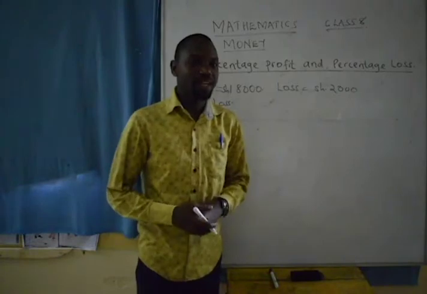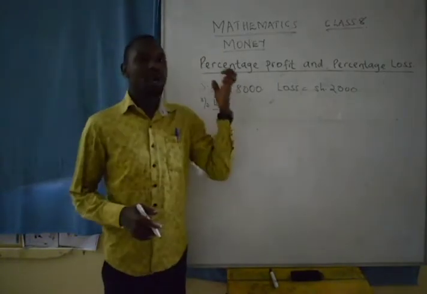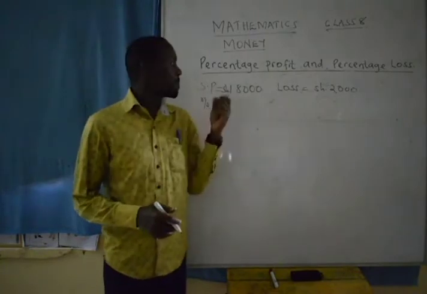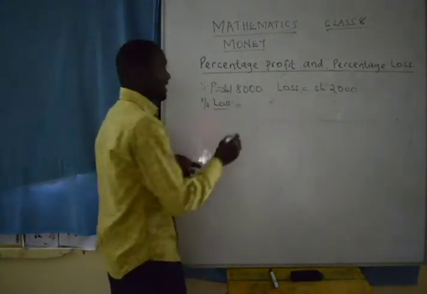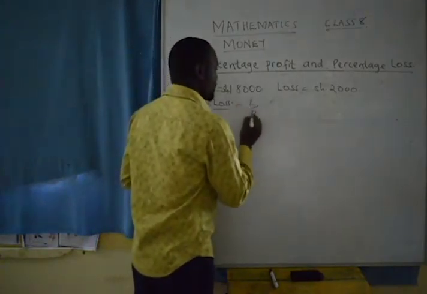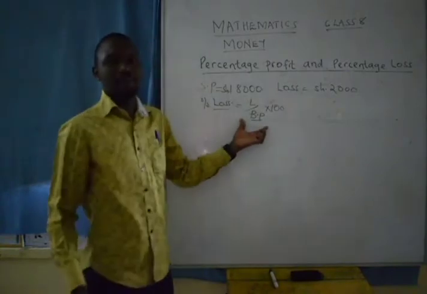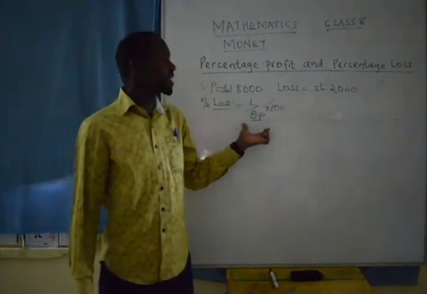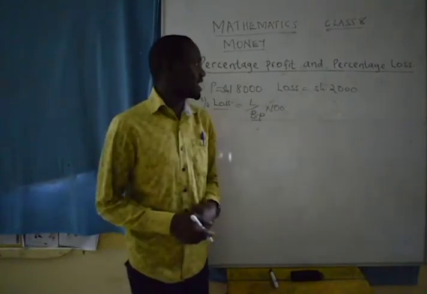Are we given the buying price? No, we are not given the buying price. So here we have to first calculate the buying price, because percentage loss from our formula is given by loss over the buying price times 100. Is it possible to get the buying price given the selling price and the loss? Yes.